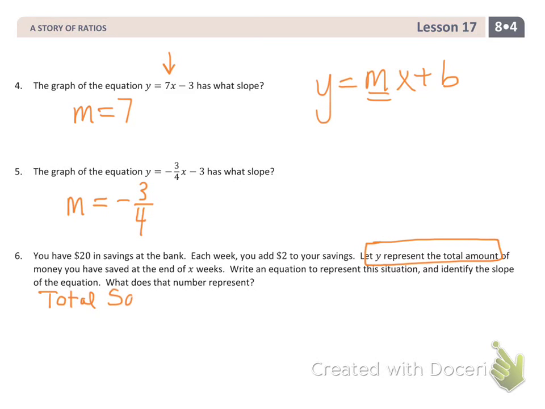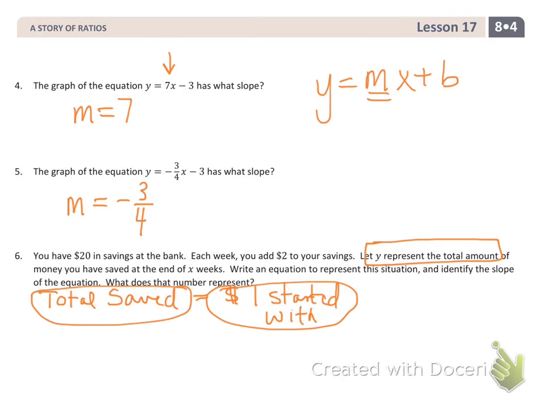The total saved should equal the dollars I started with plus my weekly savings.